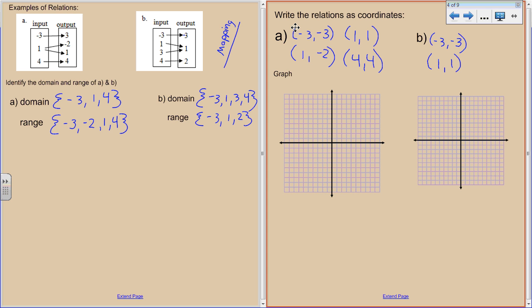Alyssa, what would be another ordered pair I could write? 2. And there's one last one, Taya? 4. Beautiful. So we have 4 ordered pairs. Look through how many arrows do I have? 1, 2, 3, 4. So it looks like I've got all my ordered pairs there.